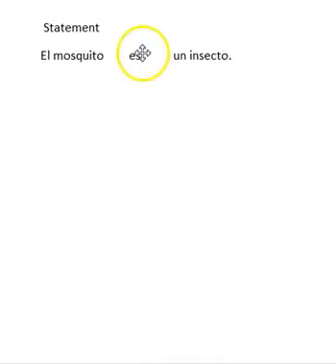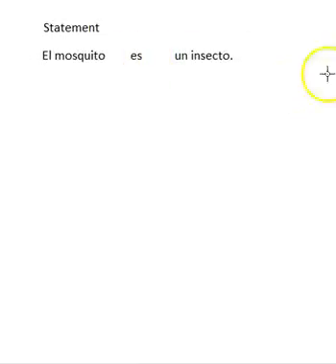In this lesson, we're going to learn about statements and questions with other verbs besides the being verbs. First, let's just review statements in Spanish. We've learned about making a statement such as El mosquito es un insecto.